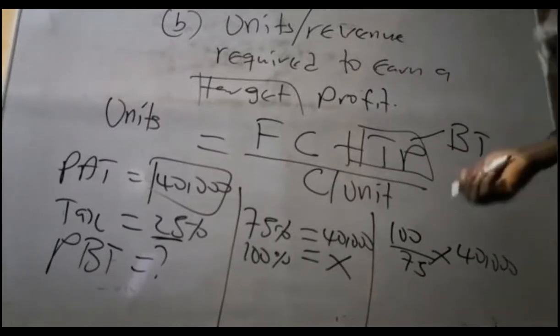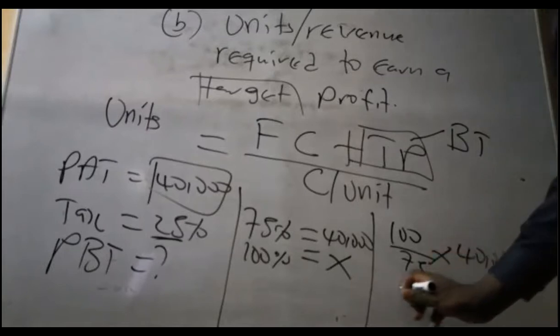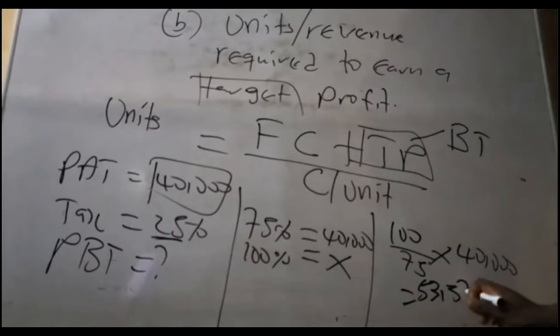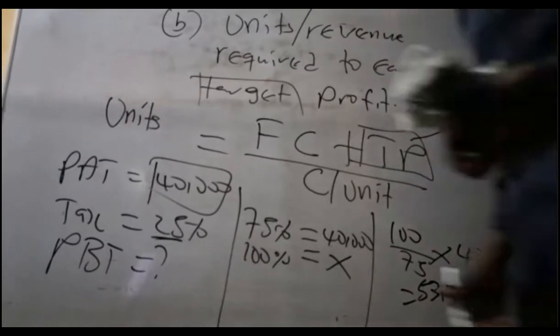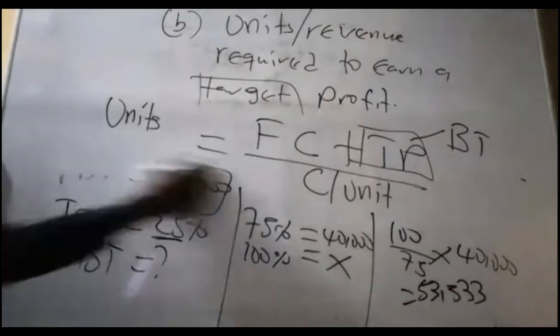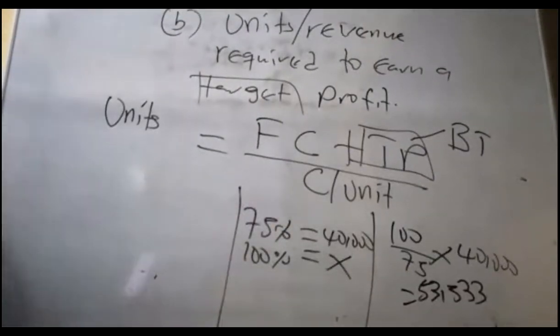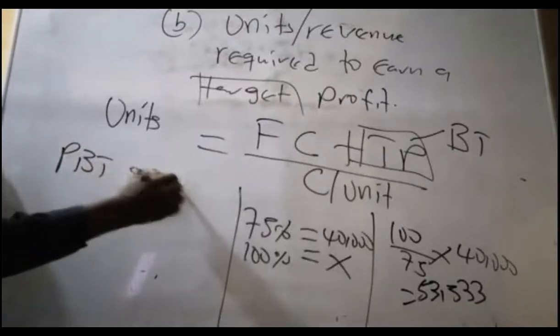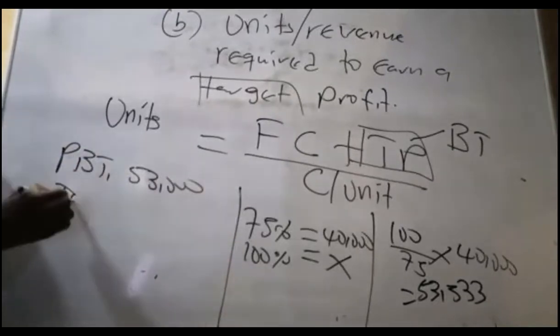So if I should continue, use that the profit before tax is 53,333. You can confirm that and see if it's true. Your profit before tax is what? 53,333. What is your tax?